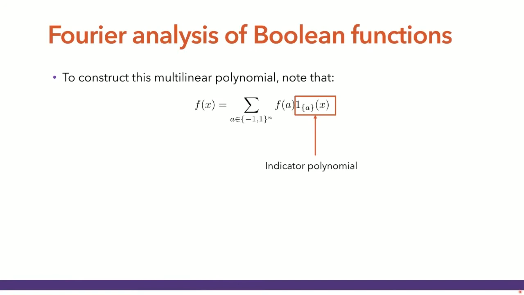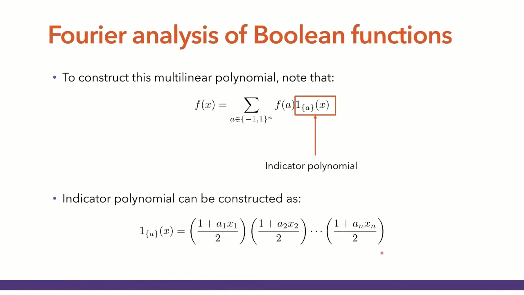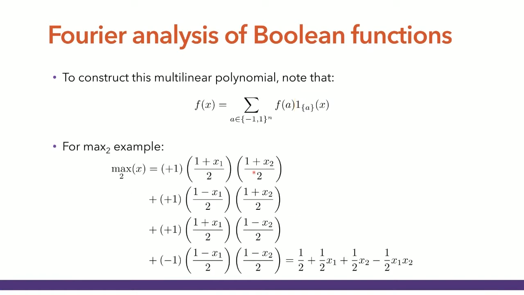Any Boolean objective function can be written as a sum of f acting on some configuration a, times the indicator polynomial corresponding to this configuration, which is 0 if x is not equal to a and 1 if x is equal to a. This indicator polynomial can be constructed explicitly this way. So for our maximum function, by building these indicator polynomials explicitly and computing the corresponding values of the function, we can build the multilinear polynomial representation.